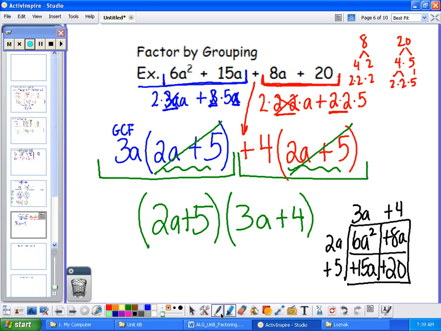If I look here, 6a squared, that's not very dark. 6a is 6a, that's not very dark either. 8a and 8a. 15a and 15a. And the last one, 20 and 20. So is everything represented? Of course. And that's how I know my answer is correct.